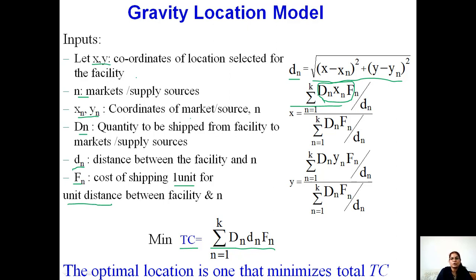Similarly, you do it for all the locations. If there are four, like the example of Bangalore, when I considered east, west, north and south, out of those four, the location for which I get the minimum total cost, I have to consider for the final location. So the optimal location is one that minimizes the total TC.